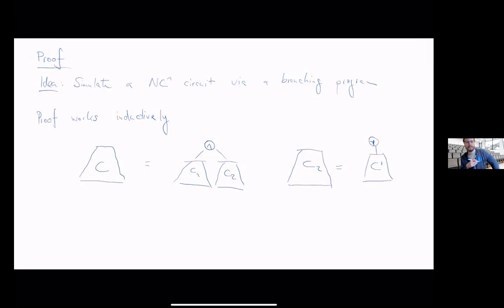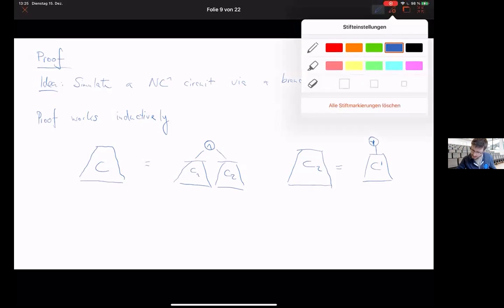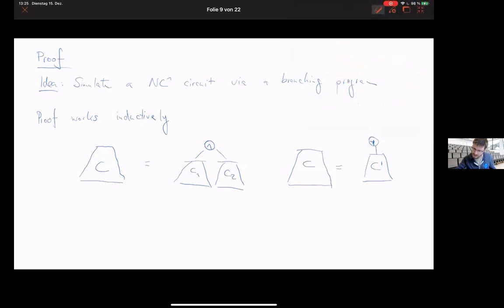Okay, so I'm doing this inductively. In both cases, I assume that C1 and C2 are smaller circuits. So I assume they can be computed by a branching program of polynomial size. And then I'm going to show that the one I'm having here can also be computed by a branching program of polynomial size.